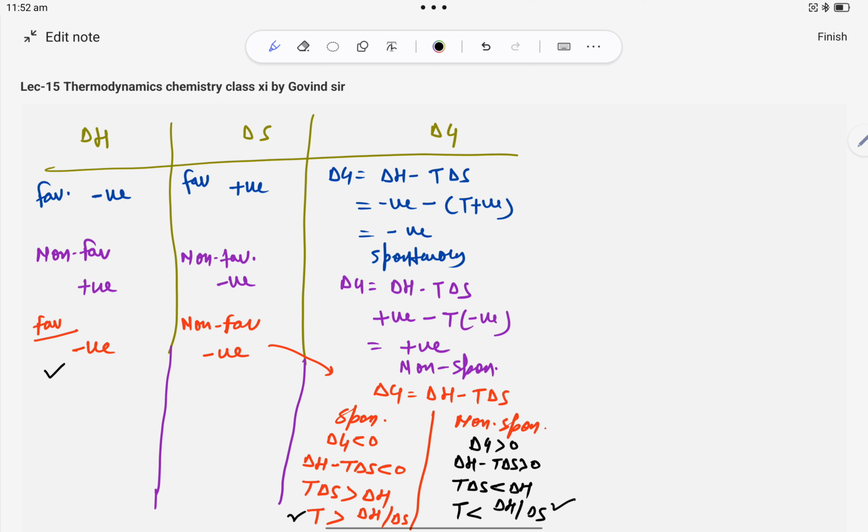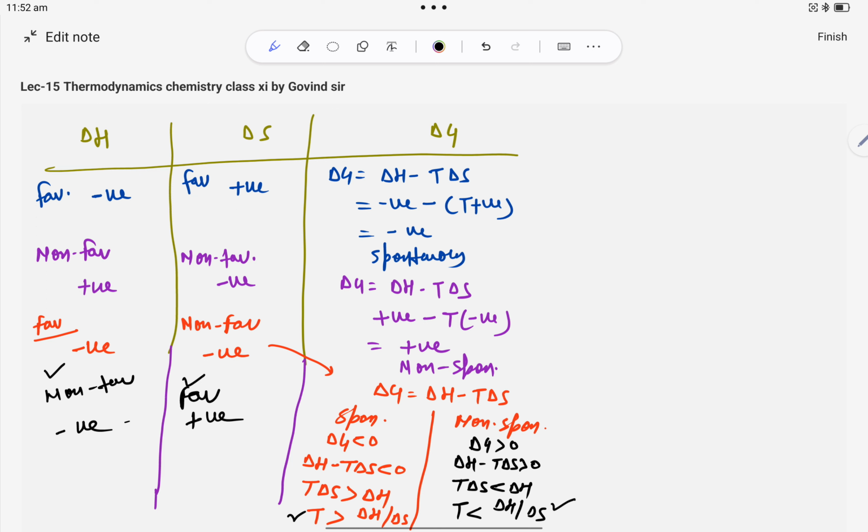You can reverse the condition also. This time this non-favorable and that favorable, like that you can calculate.